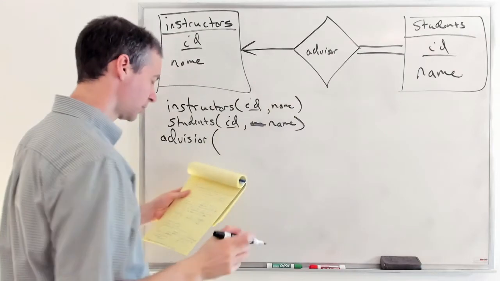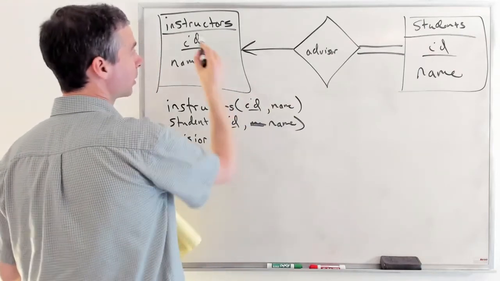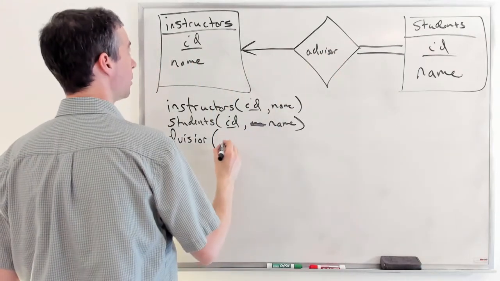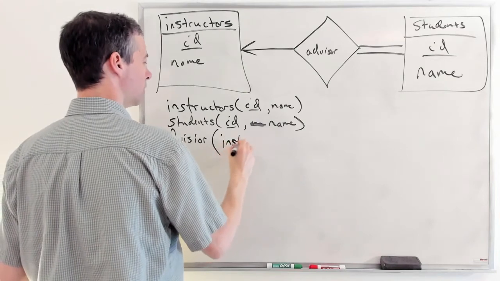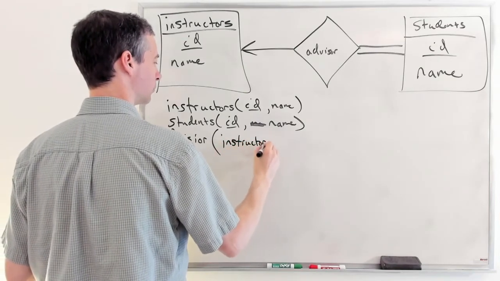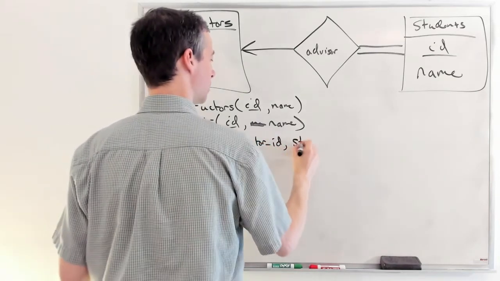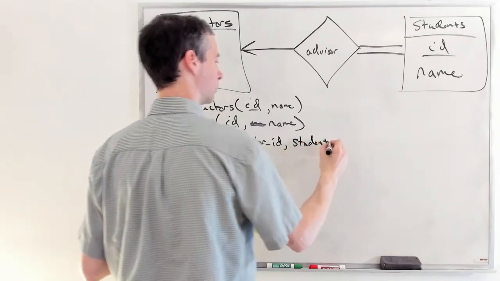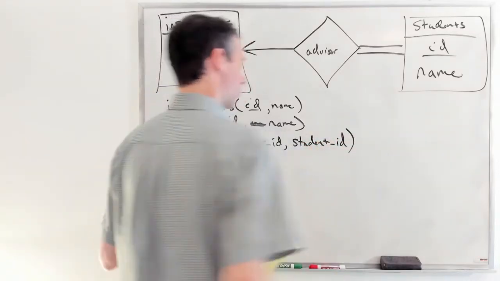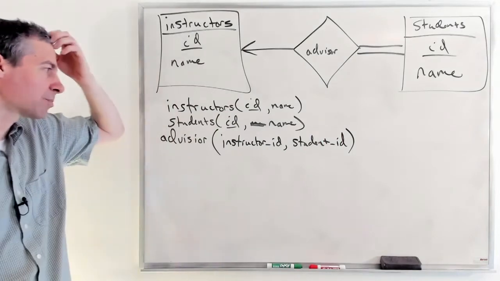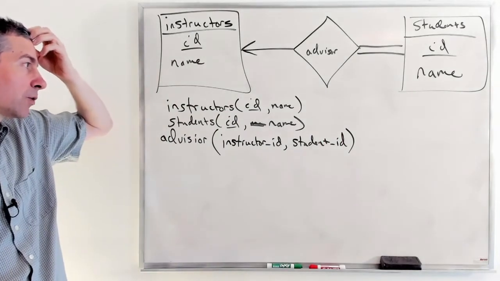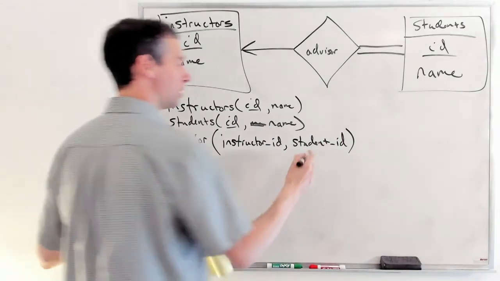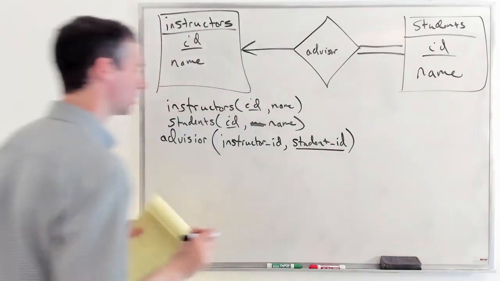There are no attributes on this relationship. We're not going to name it ID; we're going to name it instructor ID, student ID. Which one is the primary key? The many side is the primary key, so the student ID is the primary key.